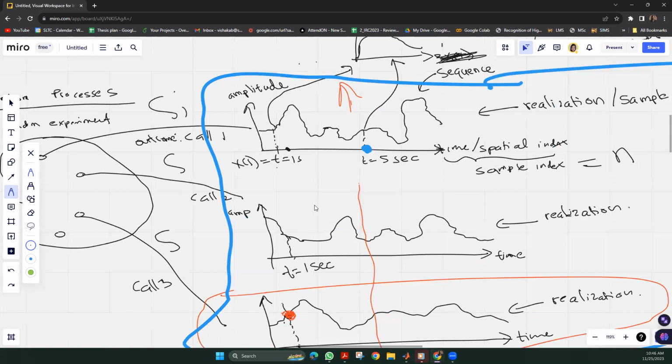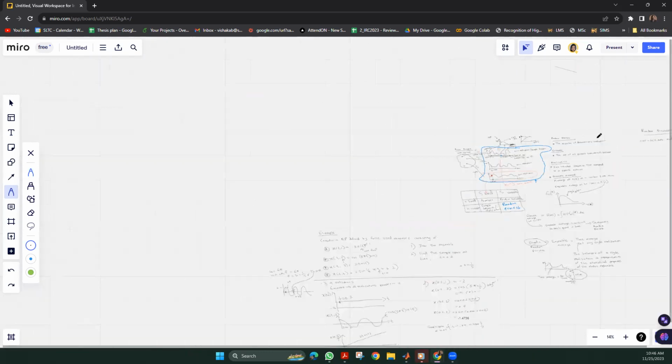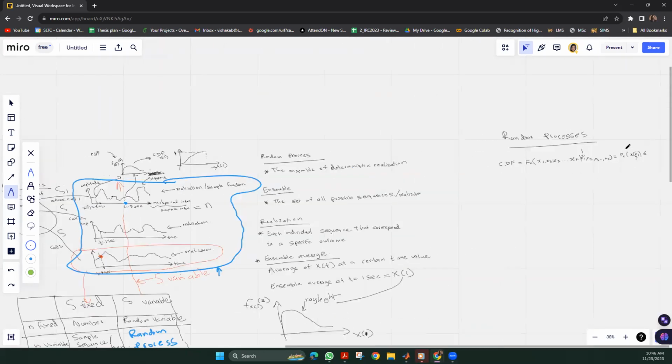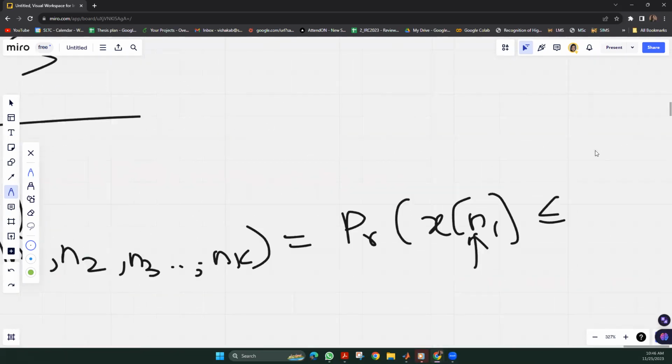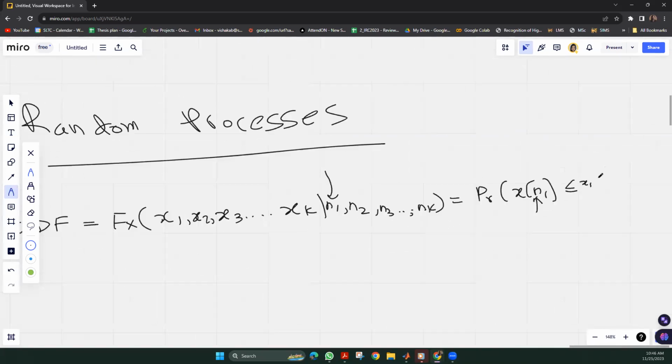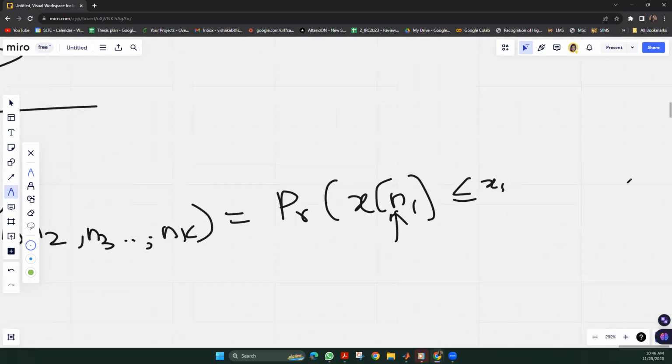All these time instances collectively we consider as random variables, and the value of the random variable should be below a certain x value, let's say x1. It could be a specific amplitude.